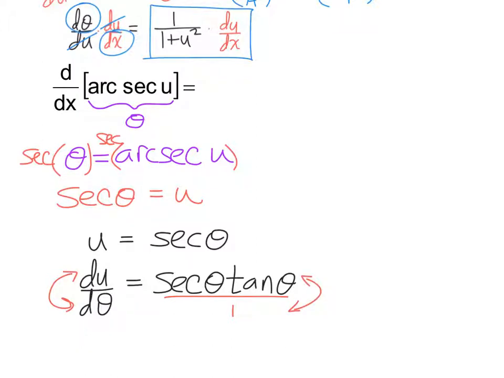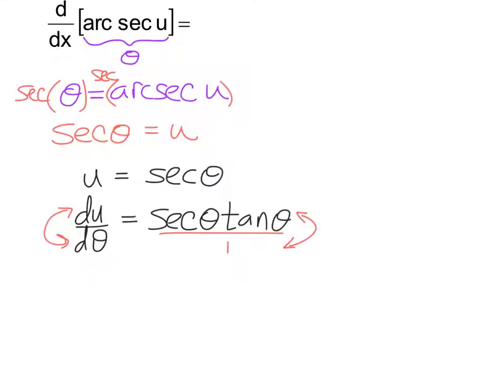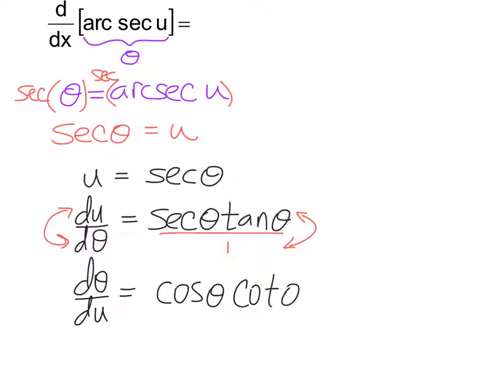So you could write it as secant theta tangent theta in the denominator, so 1 over all that stuff, or you could actually just use the reciprocals and write it as d theta du is equal to, you know, maybe move the tangent, but keep the secant and take the reciprocal of that. You can go a bunch of different ways with this. But if you were actually just taking reciprocals, it would be the reciprocal of secant, which is cosine, and the reciprocal of tangent, which is cotangent. All right, so that's our derivative in terms of theta.